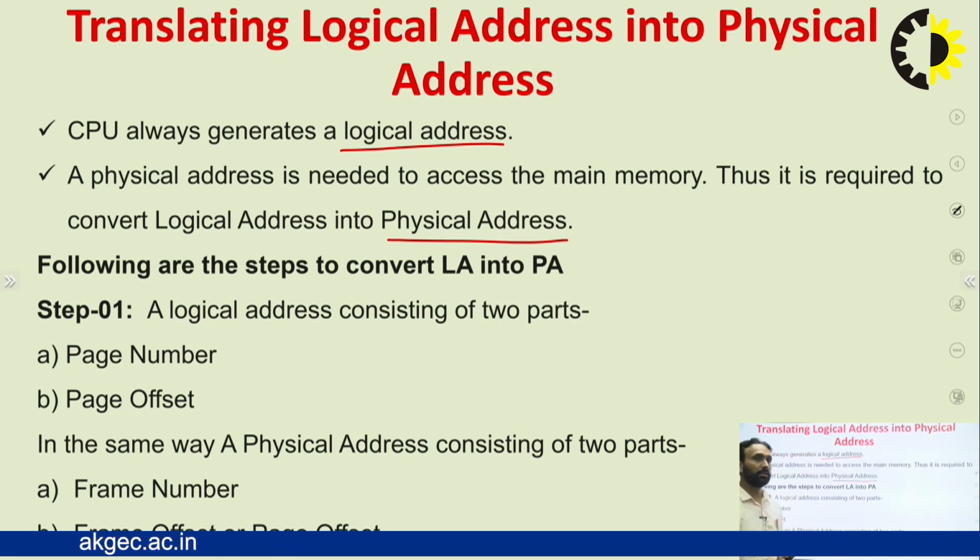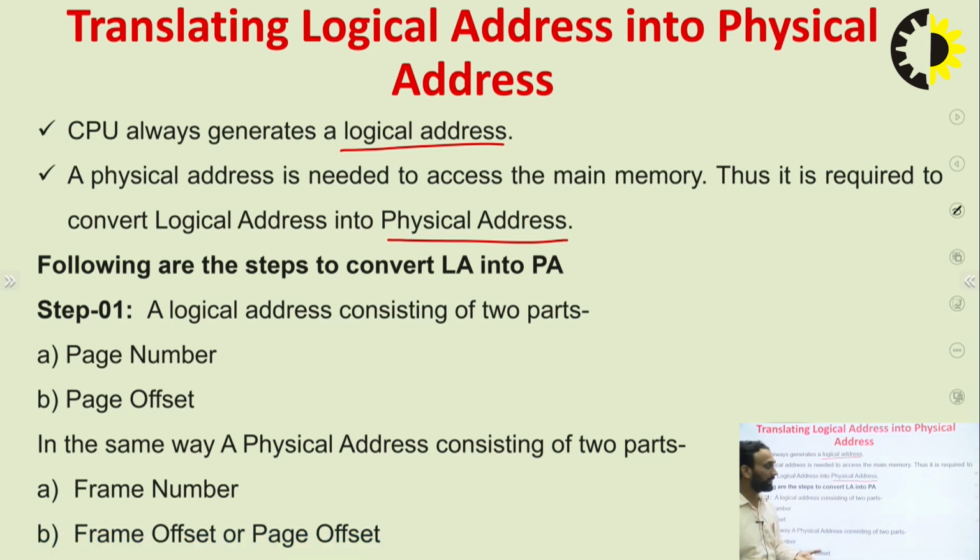Where these terms lie, who generates the logical address and who generates the physical address, and where they are used, we will know before going to a detailed example. As in the point given, the CPU always generates a logical address.